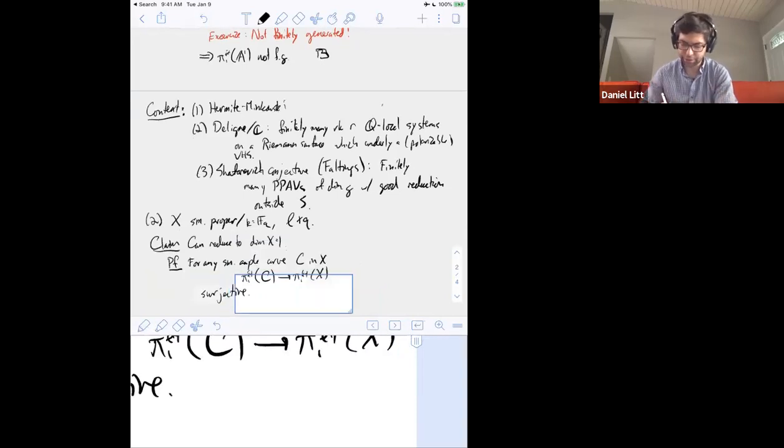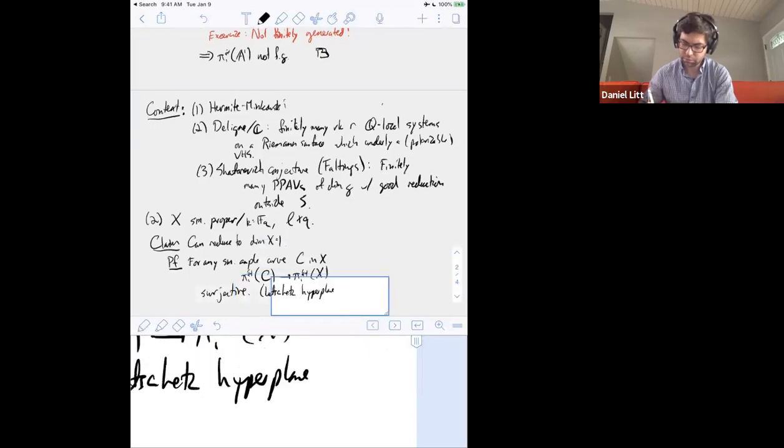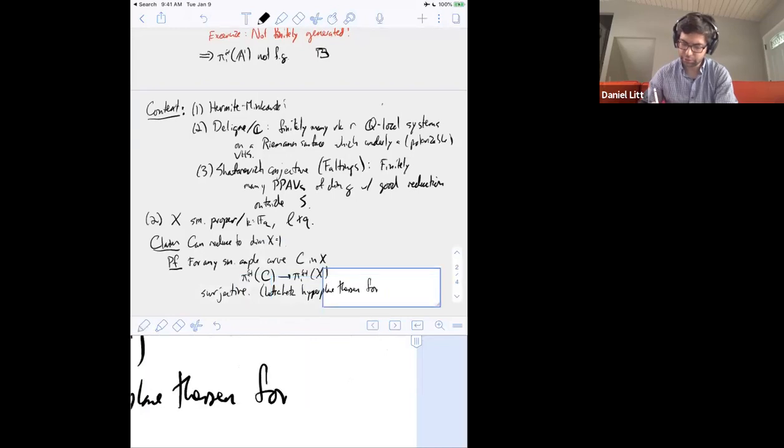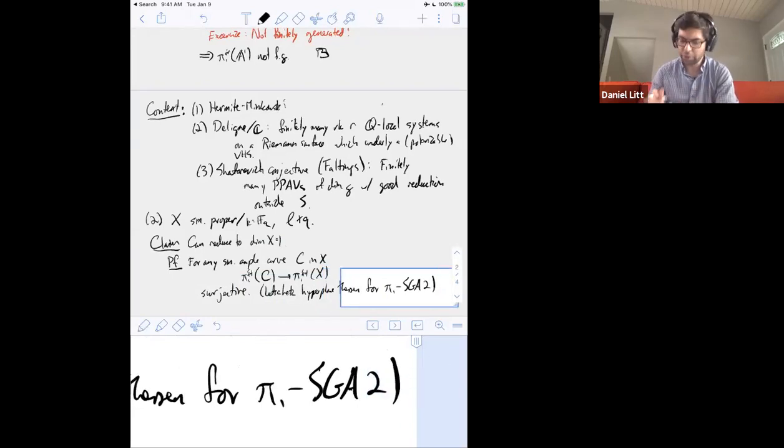That's called the Lefschetz hyperplane theorem, or part of it, for pi_1, which you can find in SGA 2. So if we've proven a finiteness theorem for representations of C, that immediately implies one for representations of pi_1(X), because if you have a representation of pi_1(X), you get one of C.